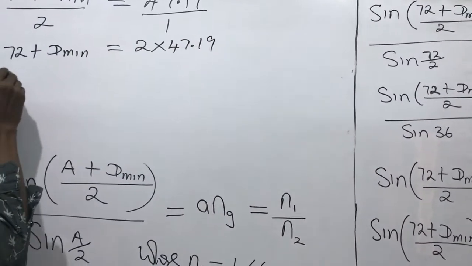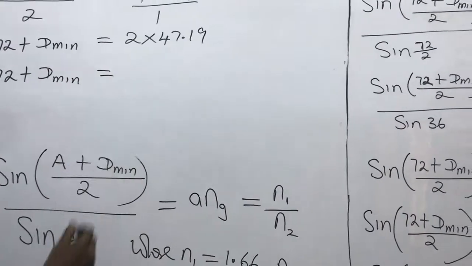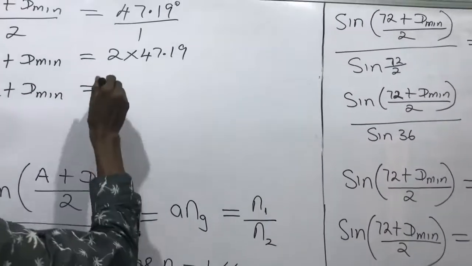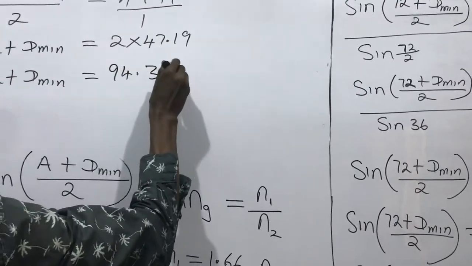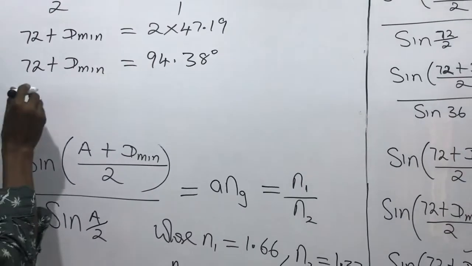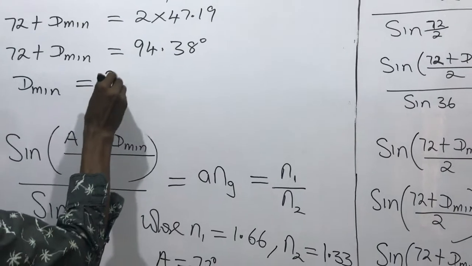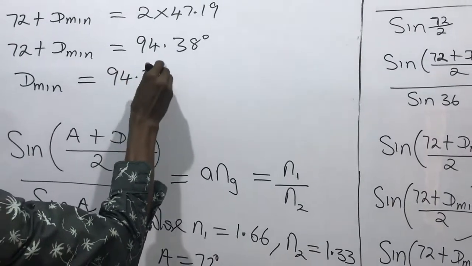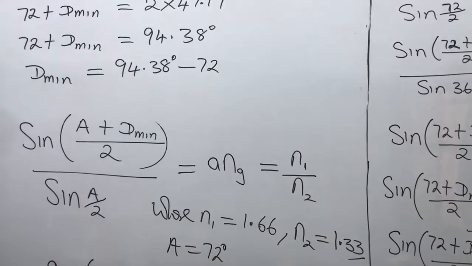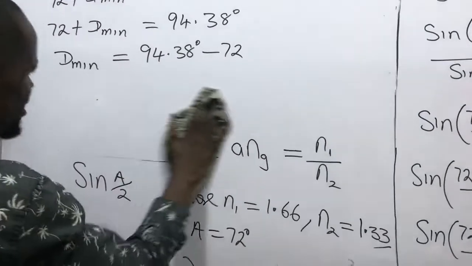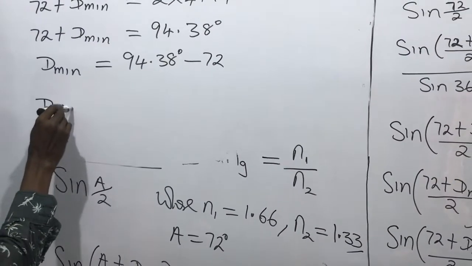When you multiply that, it will give me 94.38 degrees, and that gives me that my minimum deviation is 94.38 degrees minus 72.